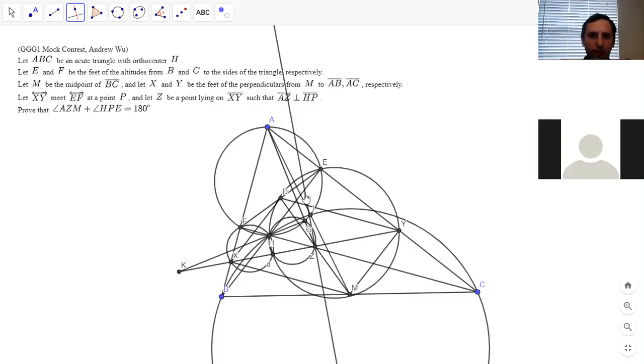So there's some point here, which is like the isogonal conjugate of H. Okay, yeah.